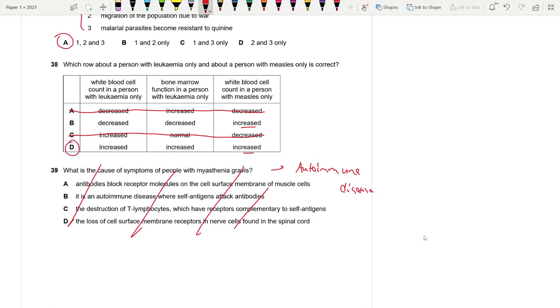I actually meant that the number of competent cells actually decreases, but the number in general increases. Okay, so it should be D. Bone marrow function in a person with leukemia only, that also increases. The function of bone marrow is to produce WBC, right? So it should increase as well.